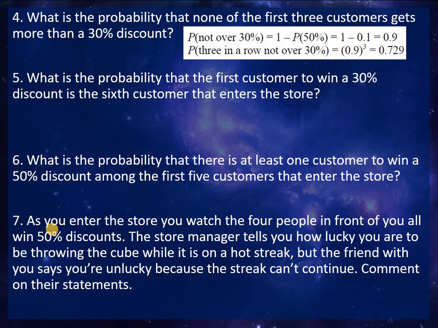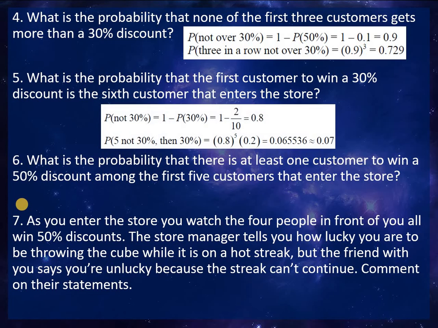So in order to do this problem, I'm looking at 0.8 to the 5th, because 5 people don't get it, and then somebody does get it, so that's the 0.2. Now, they're writing this out to ridiculous decimal points. What do we take our probabilities out to in this class? 4 decimals. So we should have done 0.0655. If we were to put it into percents, it would have been 6.55%.